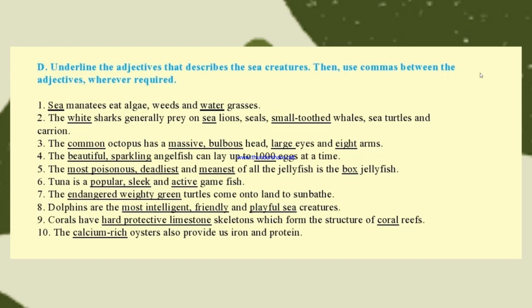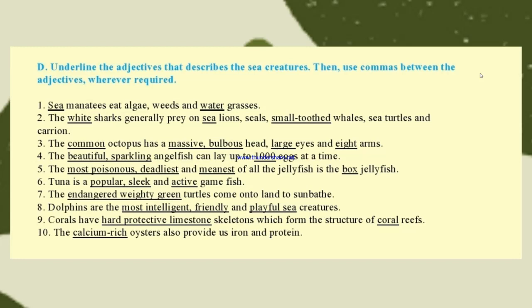The endangered leathery green turtles come onto land to sunbathe, right? So over here you see endangered is an adjective, that is why it is underlined. Leathery is also an adjective. Green is also an adjective. Now endangered comes under the category of opinion, right?